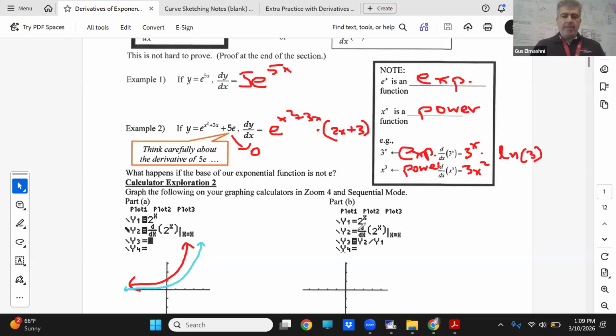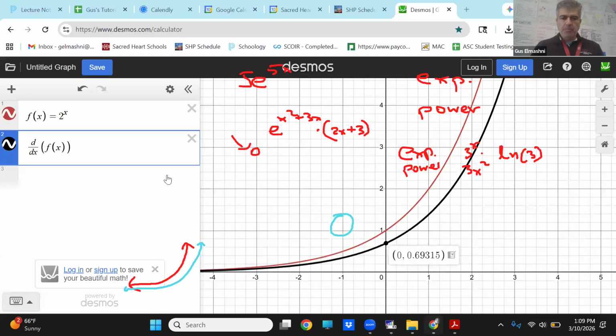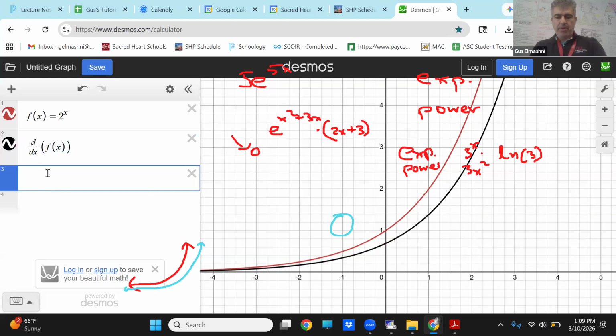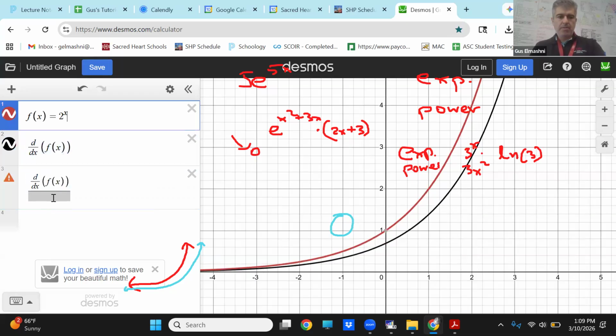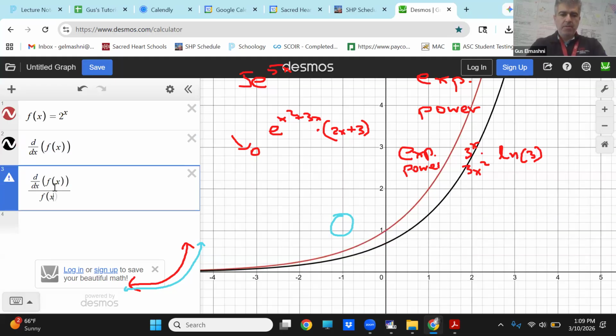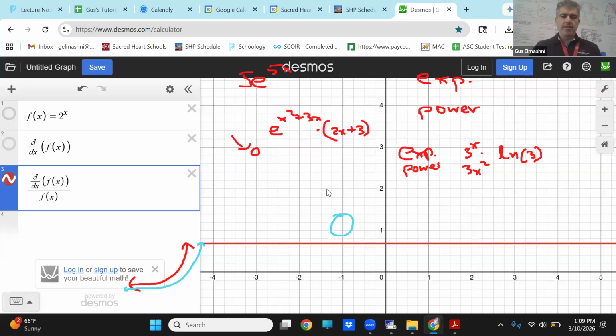Now, what if I divided y2 by y1? Let's do this as an exploration. So we'll go back to Desmos. So the fraction here. Okay, so let me turn these off.